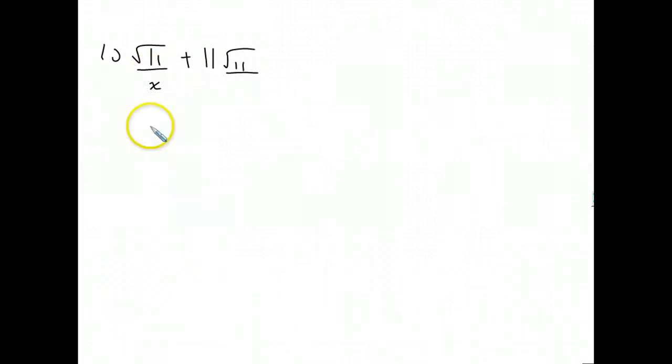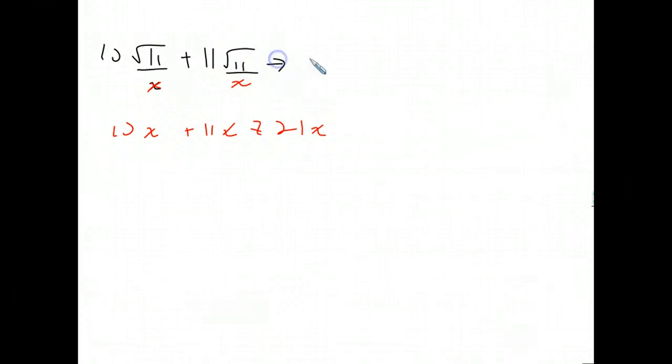So if this was an x, I would have 10x plus 11x. Well, I know that's 21x. So just like that, 10 square root 11 plus 11 square root 11 is like saying 21 square root 11.